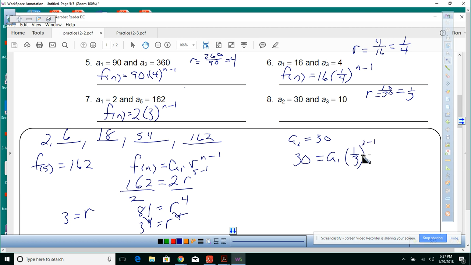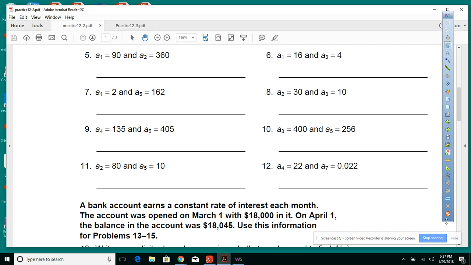Well, 2 minus 1 is 1. Multiply both sides by 3, and I get 90 equals a sub 1. So f of n equals 90 times r to the n minus 1. Doing good, folks, doing good.